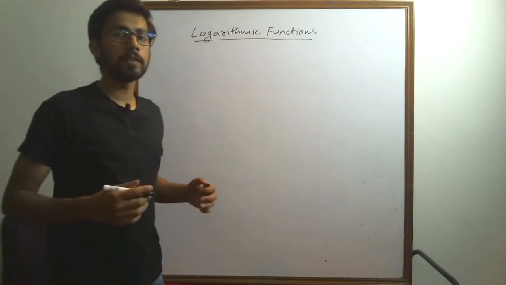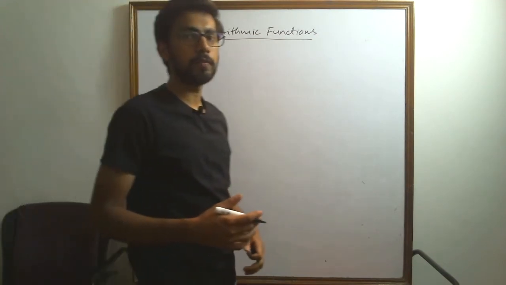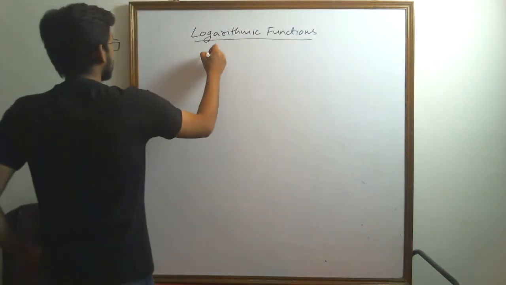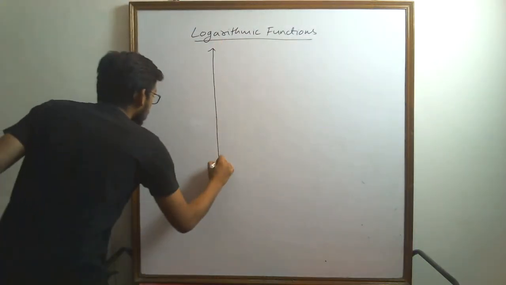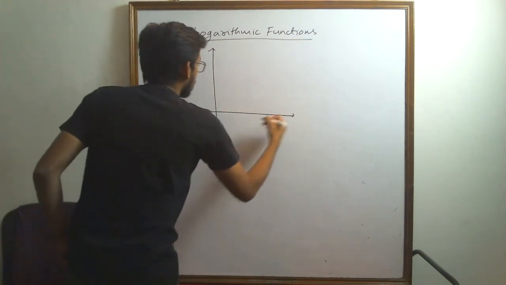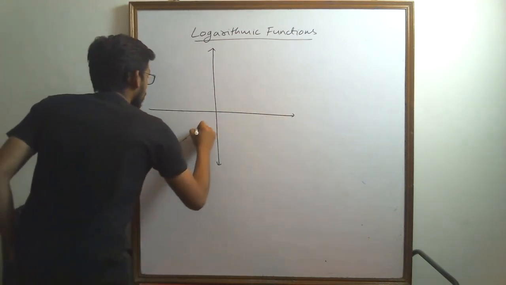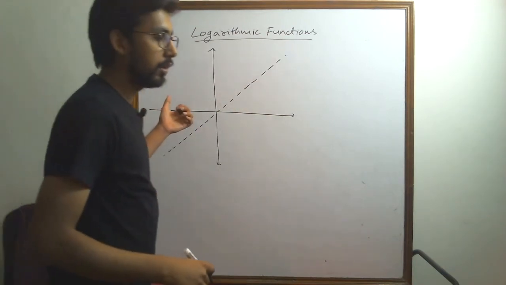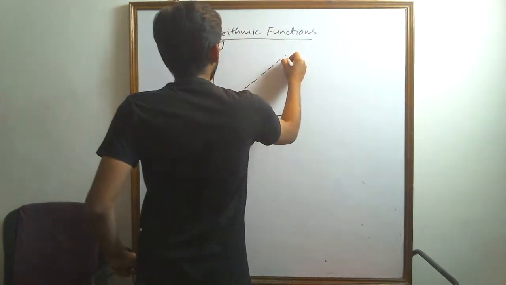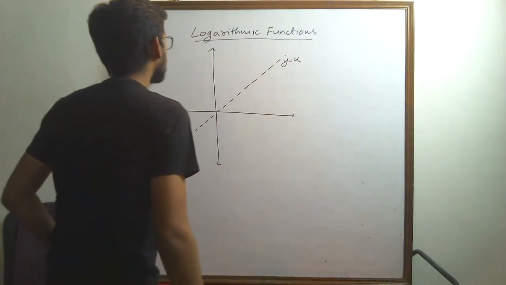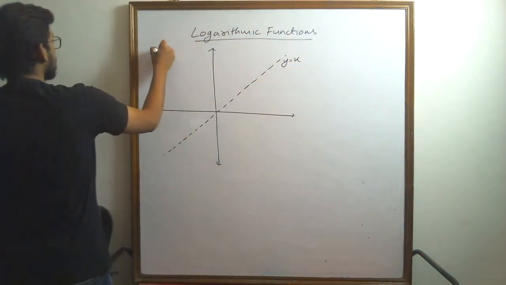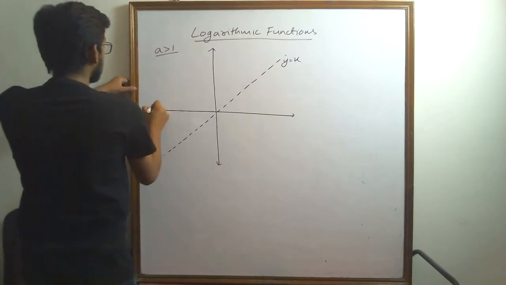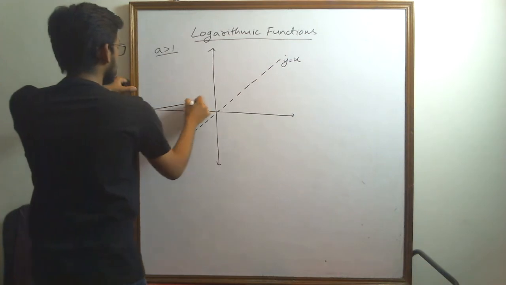Okay, so as we have established that exponential and logarithmic functions are inverse functions, we can look at the graph of logarithmic function and see that the logarithmic function will be symmetric to the exponential function with respect to the line y is equal to x. Of course, there are two cases. Case 1 is when base is greater than 1. So the exponential curve is like this.